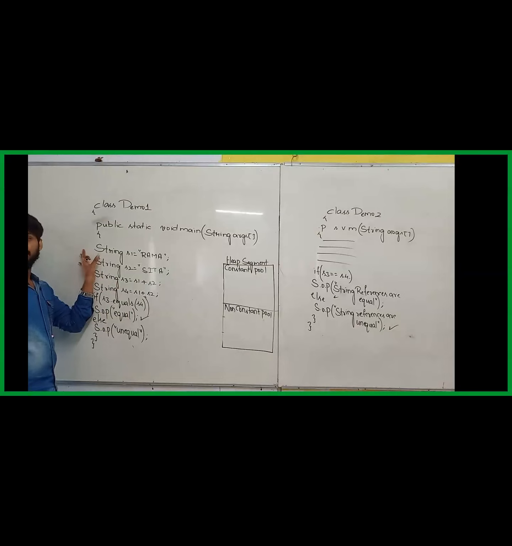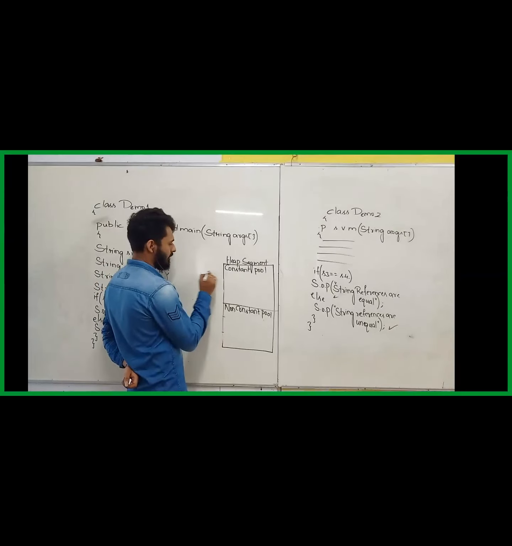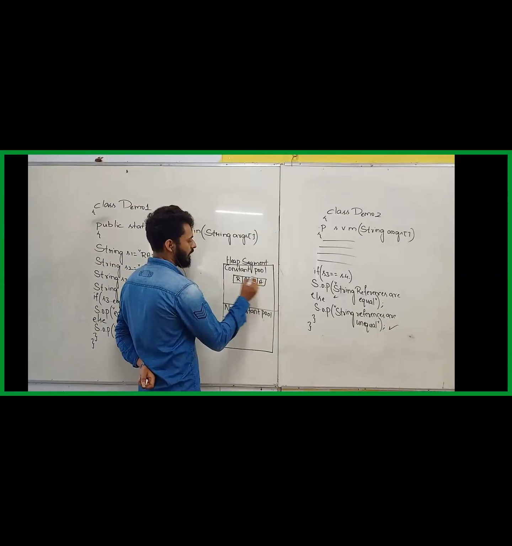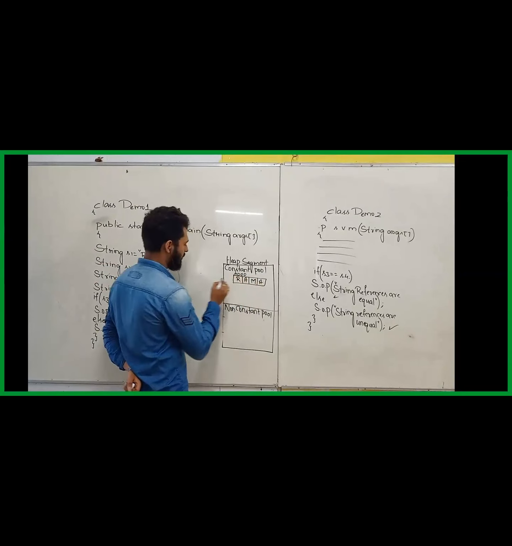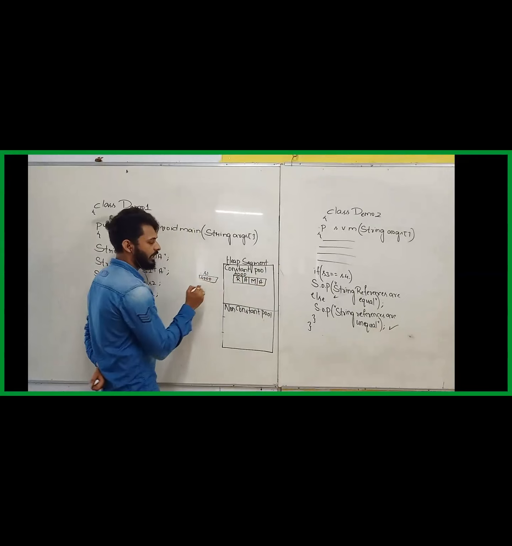So now, S1, where will it be allocated? Is the new keyword there? No, which means it should be allocated in the constant pool. So here, assume some address like 4,000, and here there will be S1, with Rama at 4,000. And what about S2?